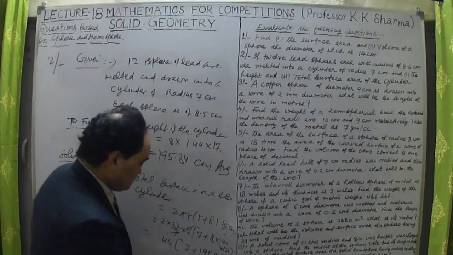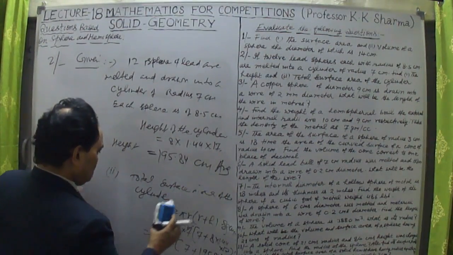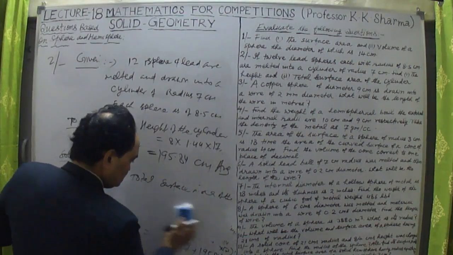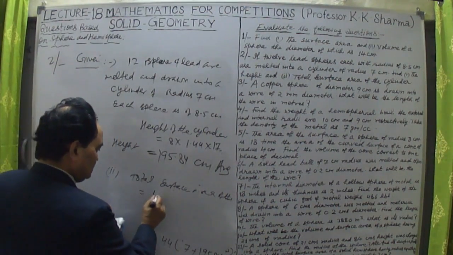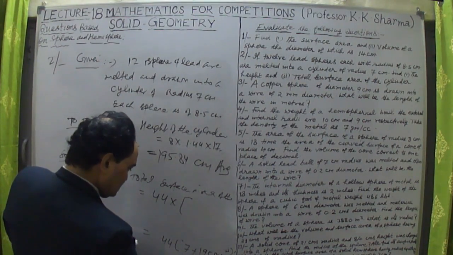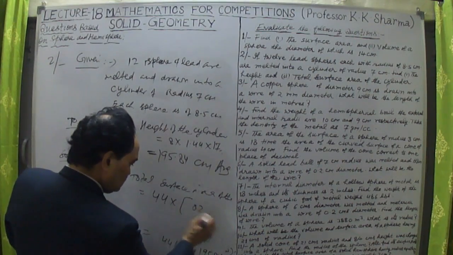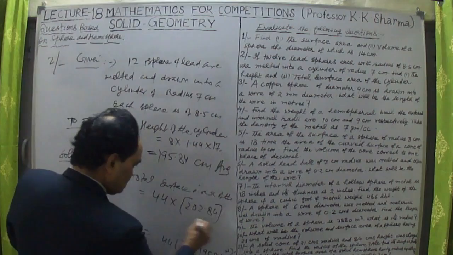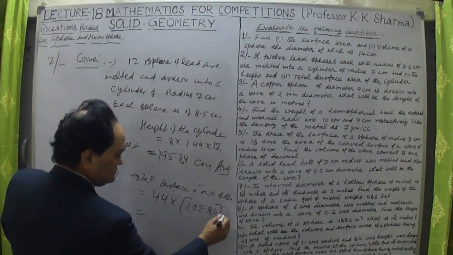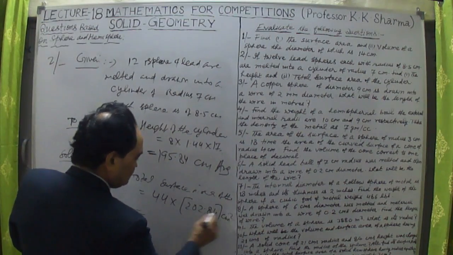Then the second answer. If I add them, let me add the total surface area here. This is total surface area, equal to 44 into the bracket 7. If I add 7 plus 5 12, 2 1 carry, 1 and 9 10, 0 1 carry. This is 202.84 multiplied by 44. So let me multiply this by 44. This is square centimeter, total surface area.